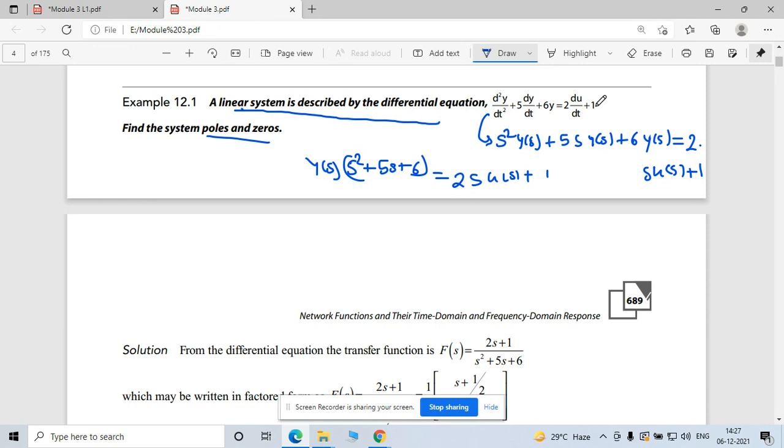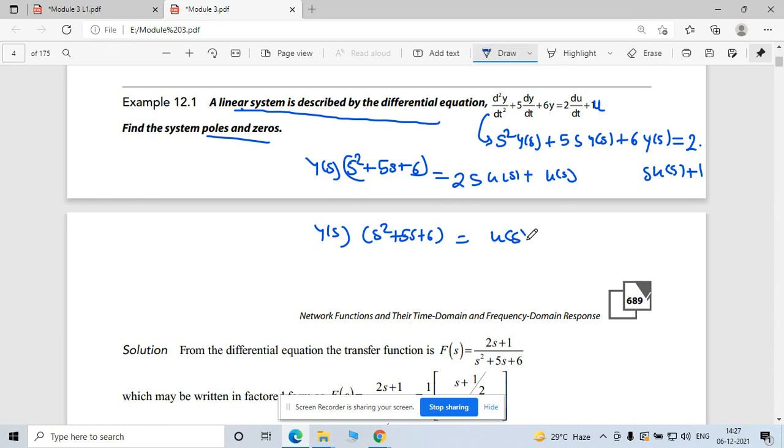So obviously this is your input side, so u of t should be present here. So u of t becomes u of s. So u of s is taken out, and this y of s times s square plus 5s plus 6 is nothing but your u of s.